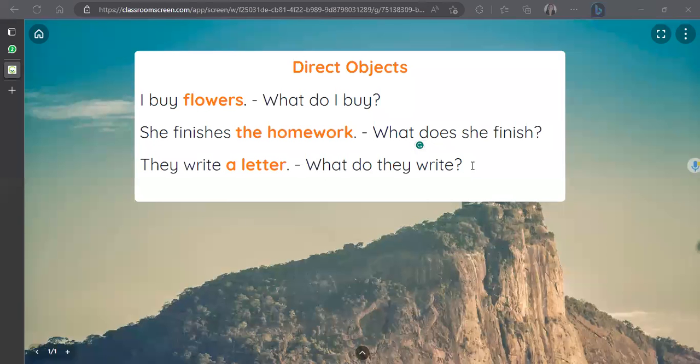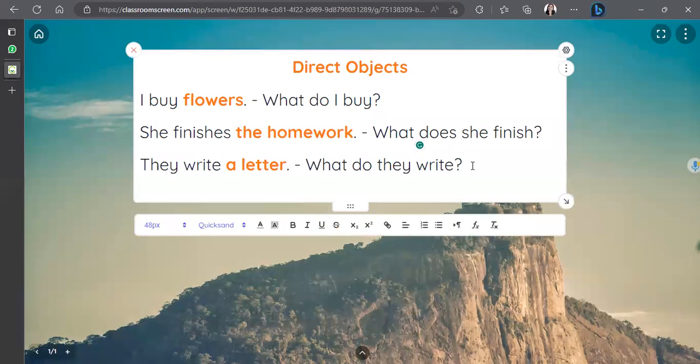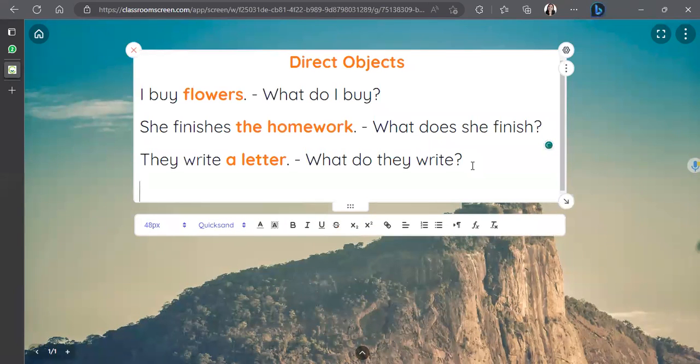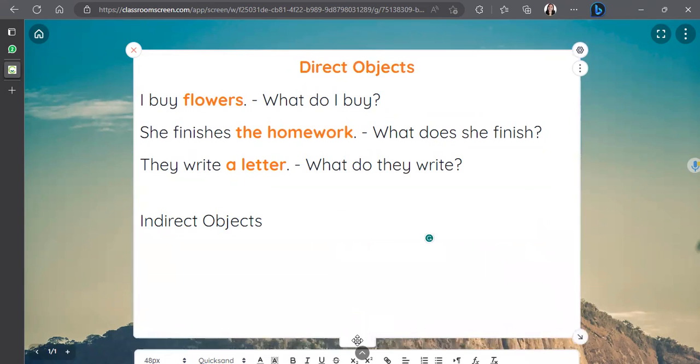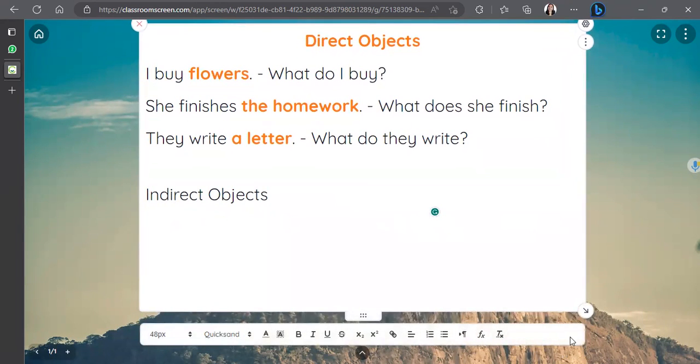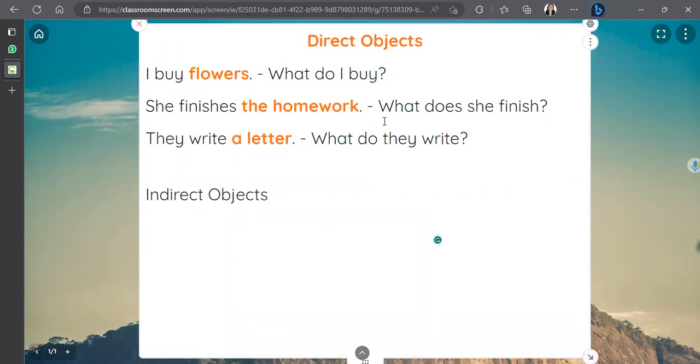Now we have practiced how to identify the direct objects. But we also have other words that are considered indirect objects, because there are two types of objects that we can find in sentences. Now you may say, what are the indirect objects?